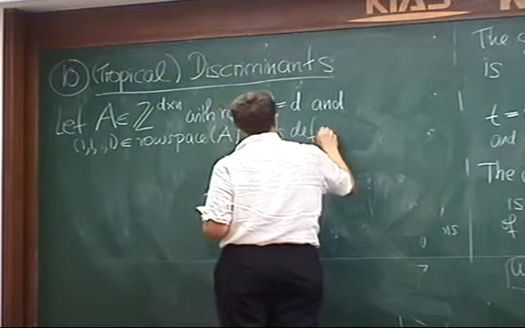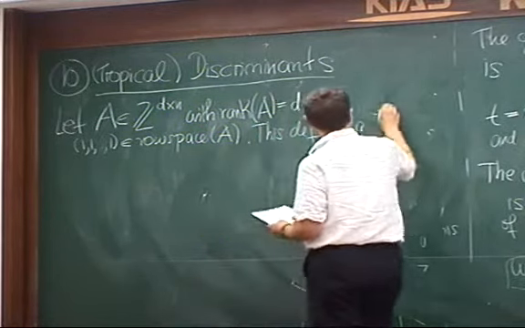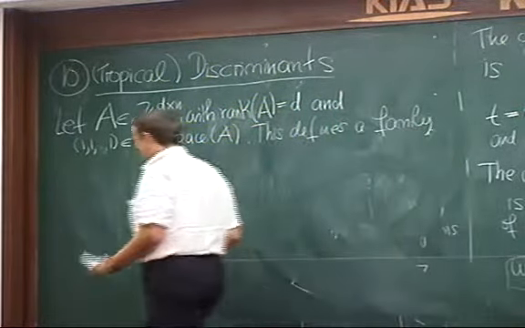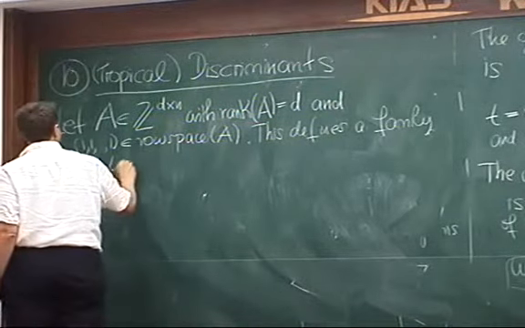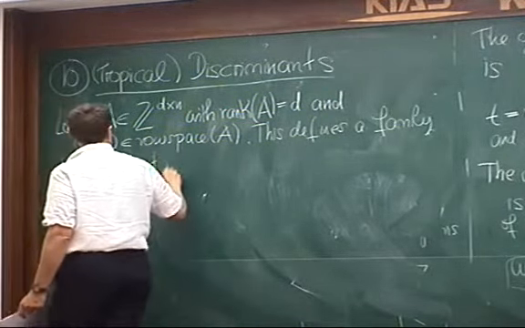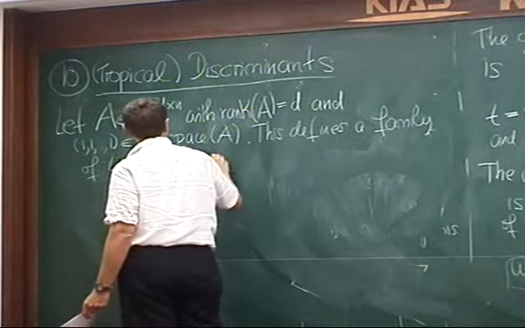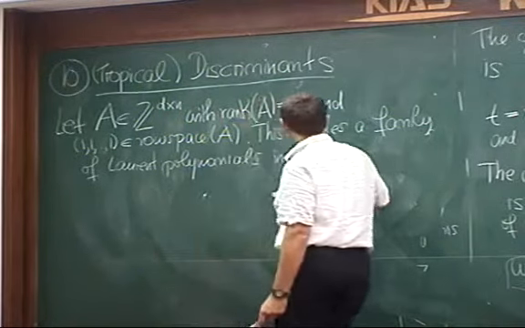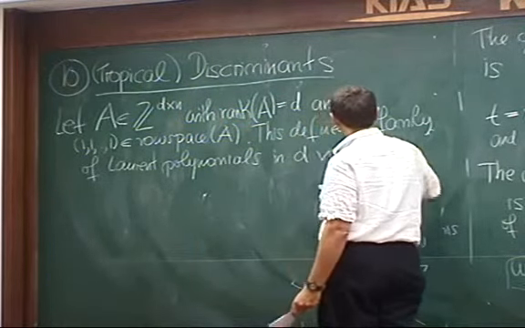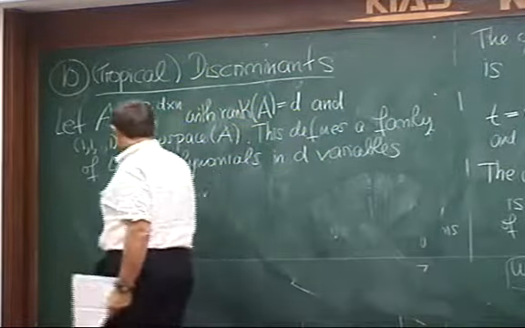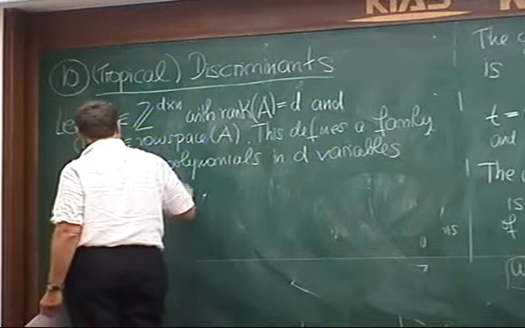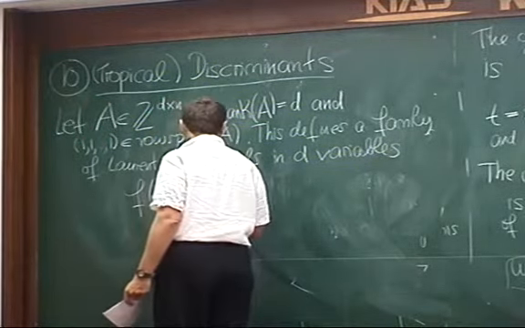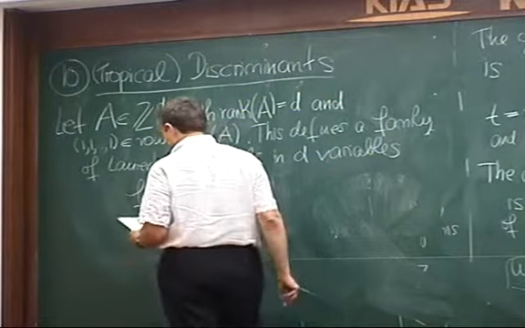defines a family of Laurent polynomials having n terms in d variables. Namely, the variables I'm going to call t1 up to td. And this has n terms, so it's the sum over j from 1 up to n.